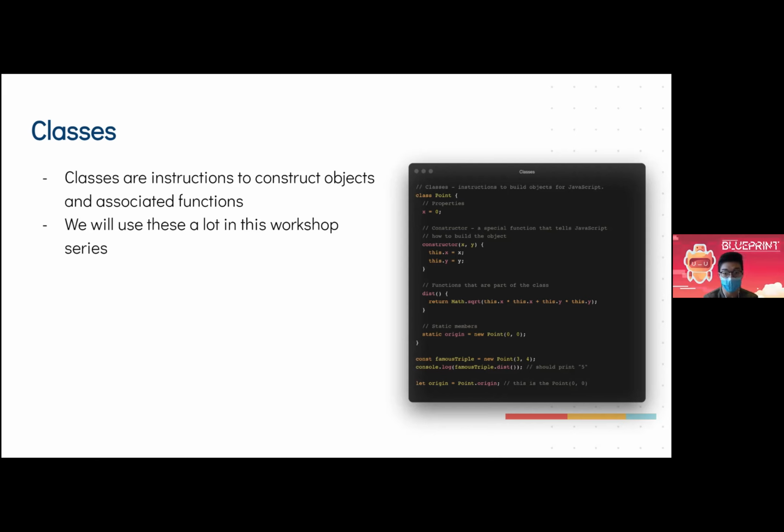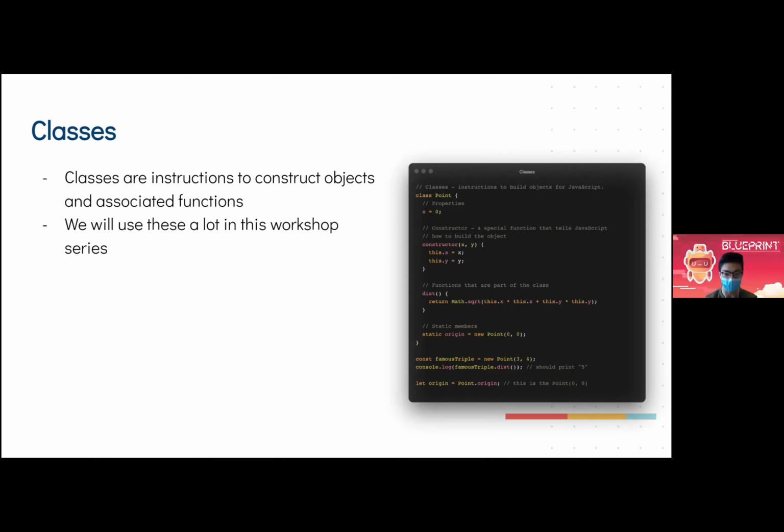For instance, in the image, you can see class Point. There are many different types of points because points can have different X and Y values, but all points share some commonalities, such as they have an X and Y value, and they have this function that lets us check the distance between the point and the origin.